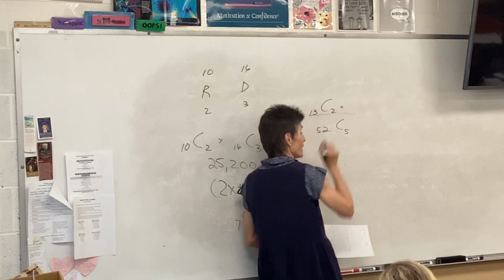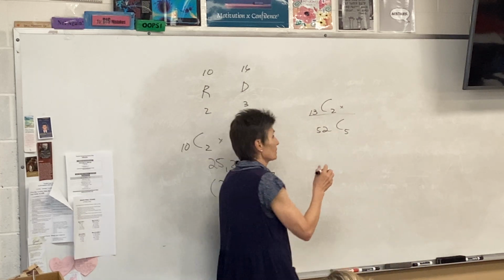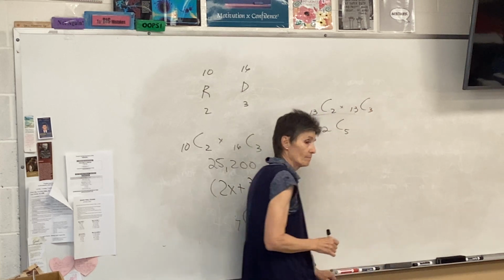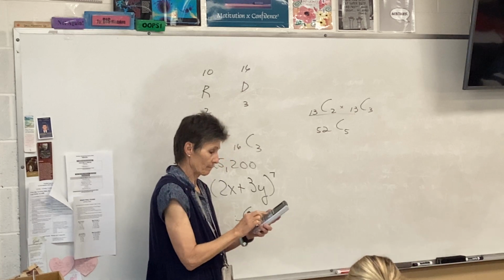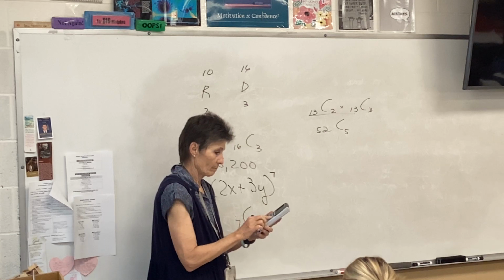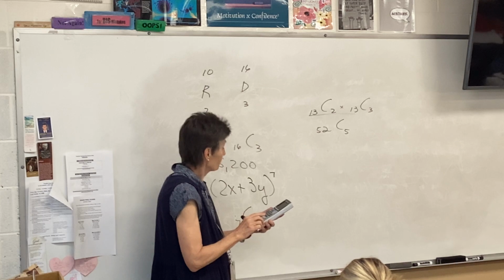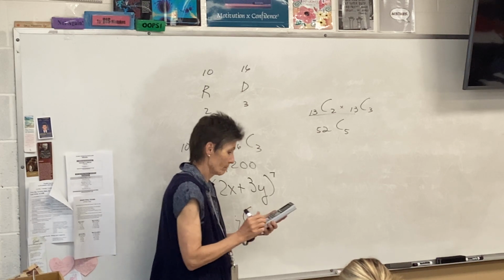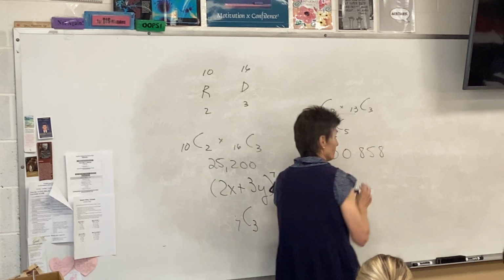And so, times, and 3 clubs. 13C3. 13 clubs, I'm picking 3 of them. I got .00858.